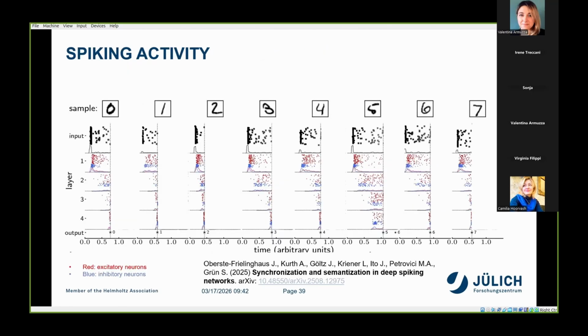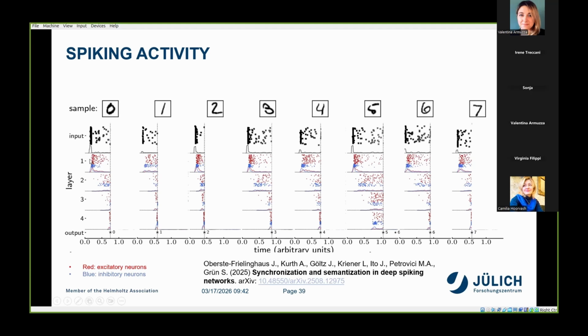Now, first of all, I want to show you the spiking activity in these networks when a 0 is presented. First of all, I want to lead you through one of these. So this is the input, and you see here that the dark pixels elicit a spike very early, and the lighter the pixels, the later the spike.